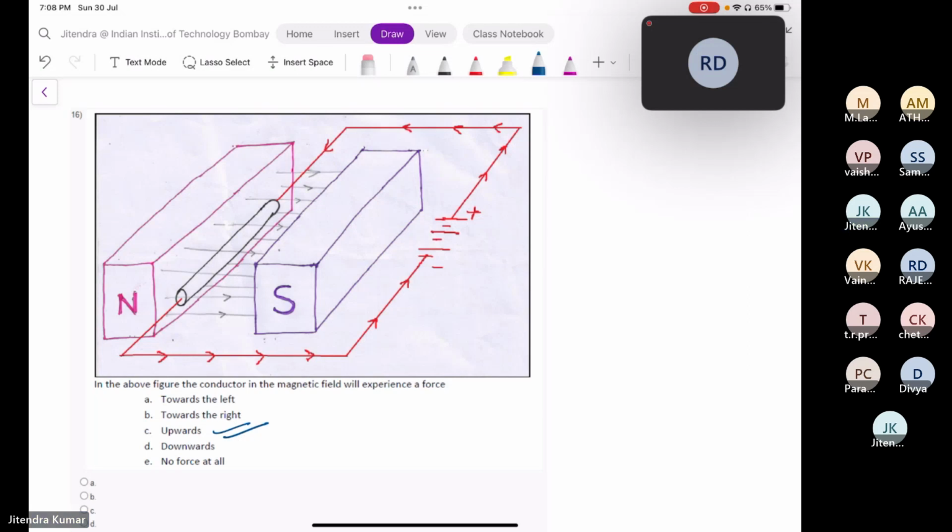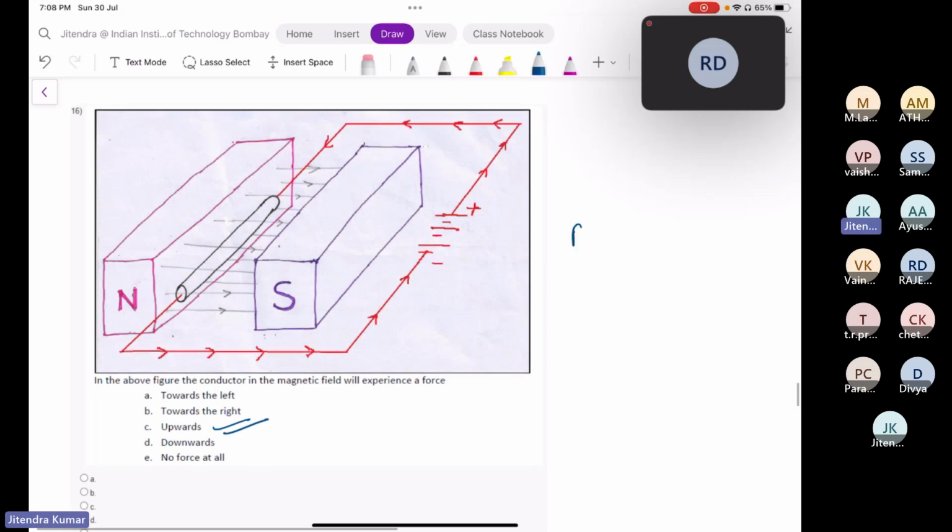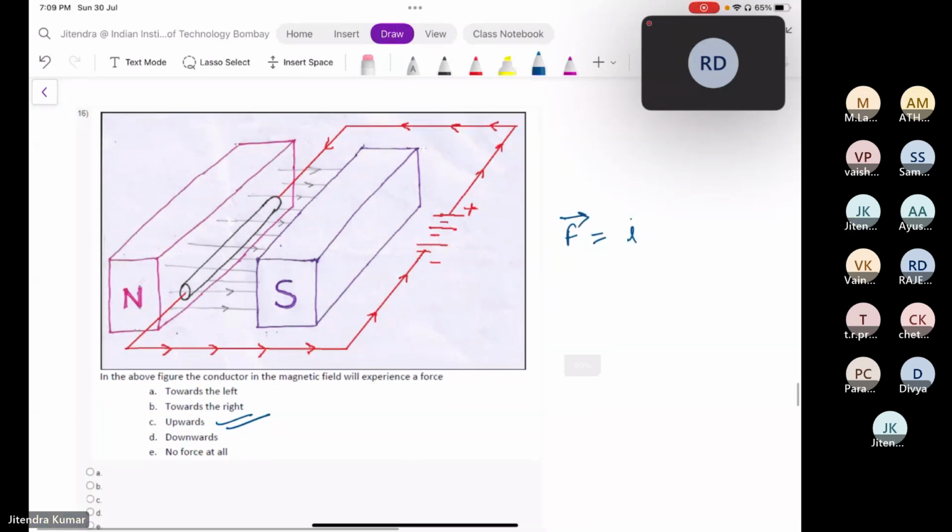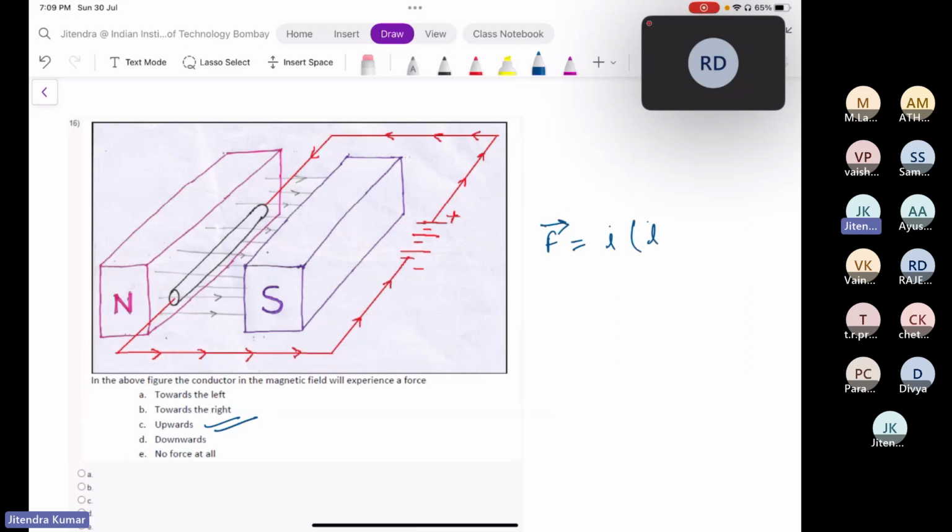Okay, so here I think you can apply the Lorentz force equation, I L cross B. Am I right? And if you see, both expressions are the same only. The dimension of I and L is amps meter.